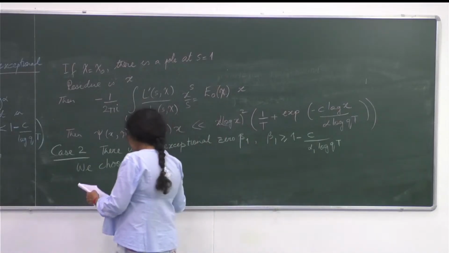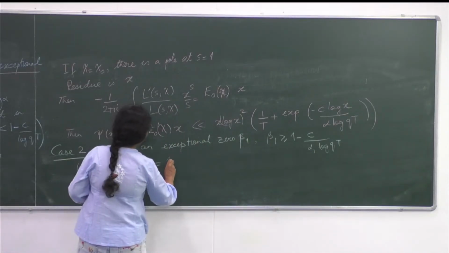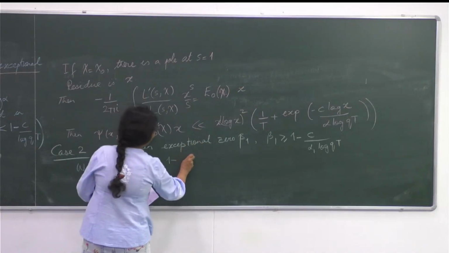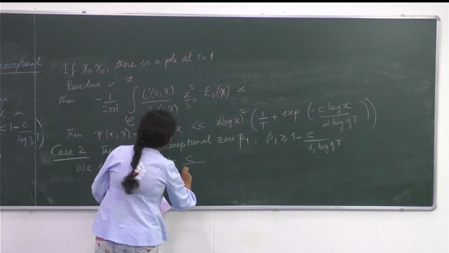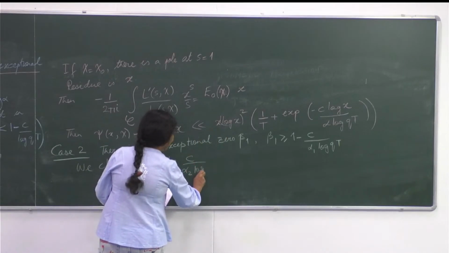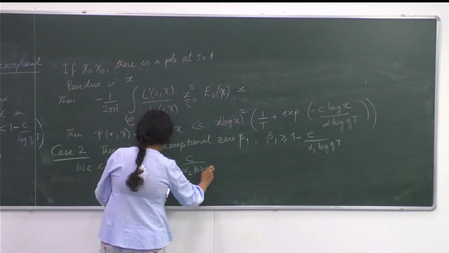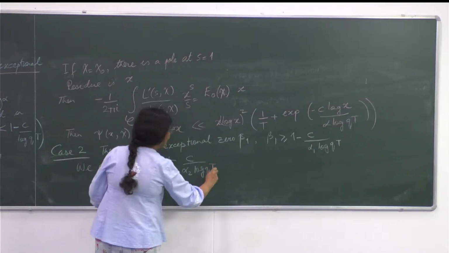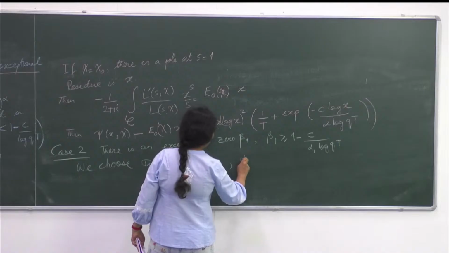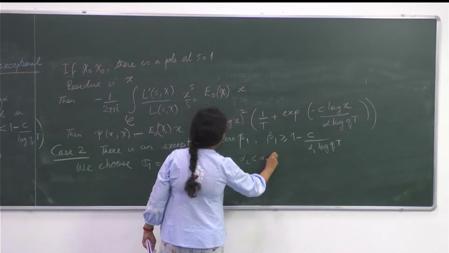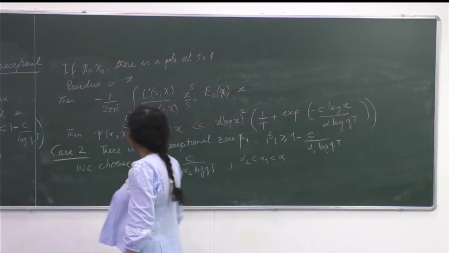So we choose sigma to be 1 minus c upon alpha 2 log qt, and alpha 2 is less than alpha 1, which is less than alpha.